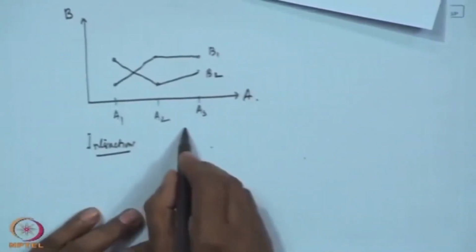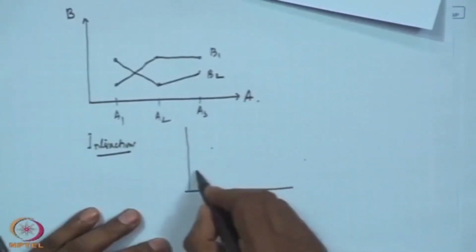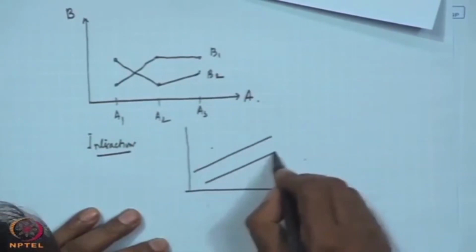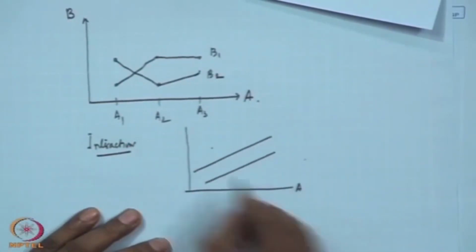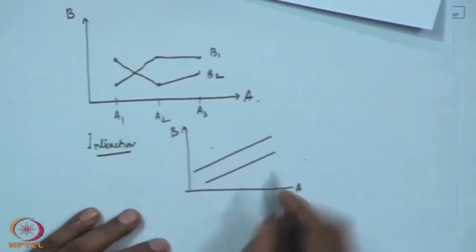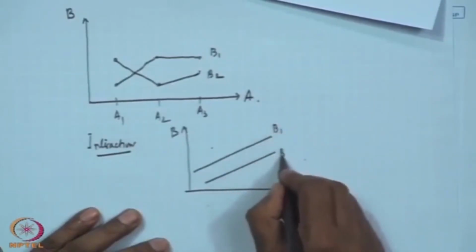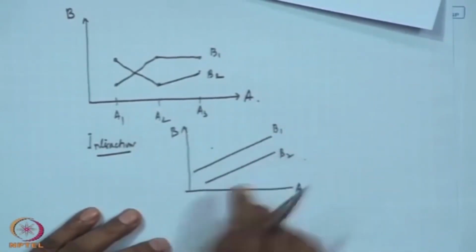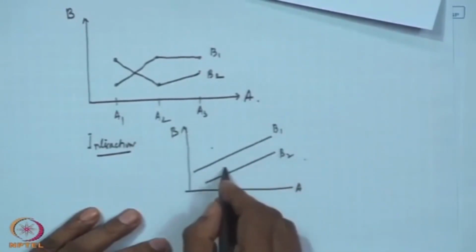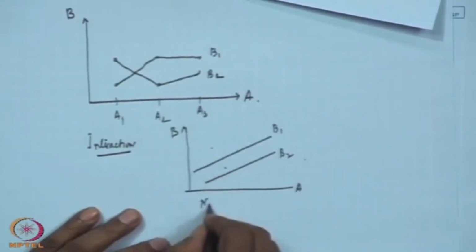In general, suppose this is my A and this is my B, with B1 and B2. If the two factor plots are going parallel, there is no interaction.